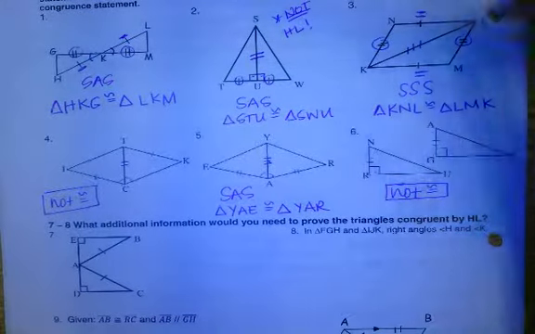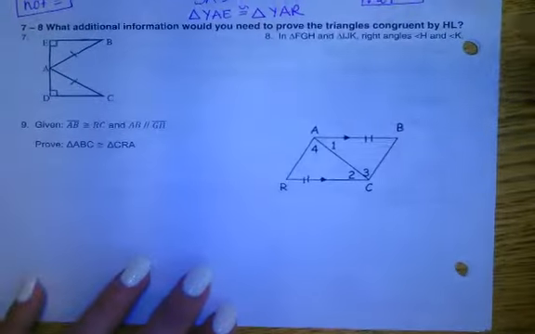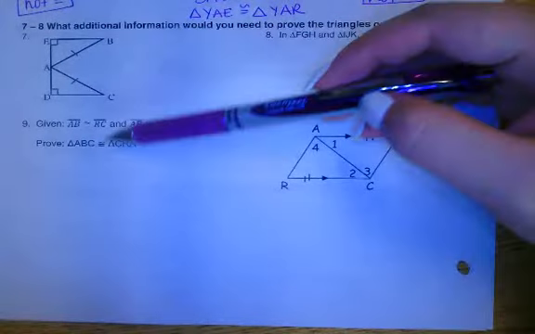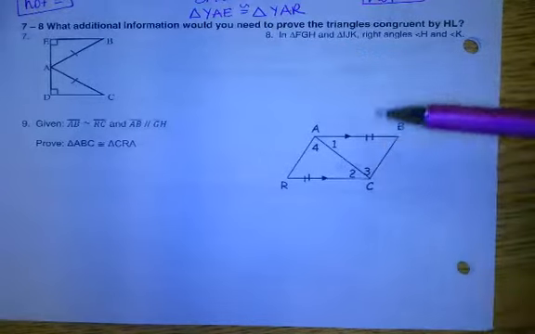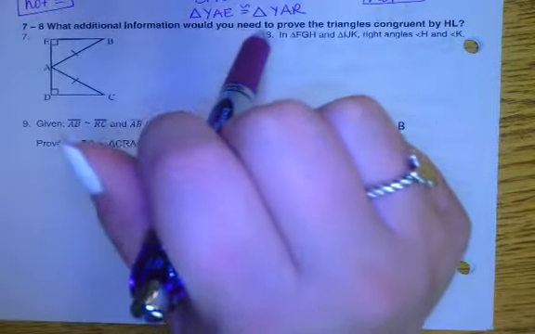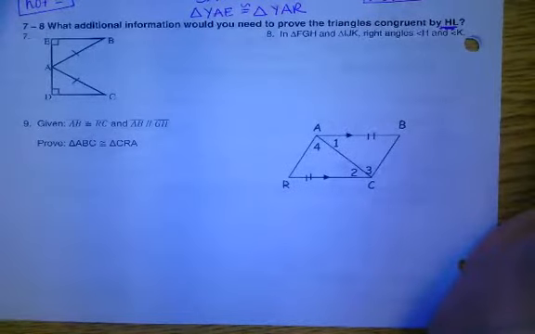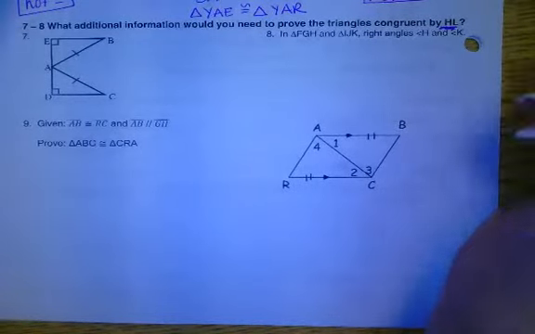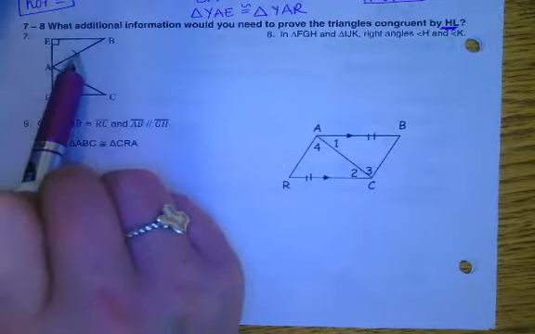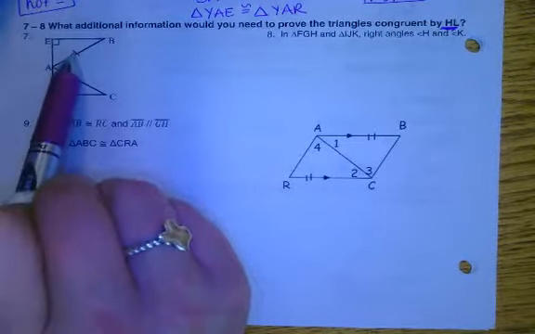Now we're going to do a couple more practice problems real quick, and then we're going to get into proofs. So, what additional information would you need to prove the triangles congruent by HL? So we have that our hypotenuses are equal to each other. What other piece of information would we need?